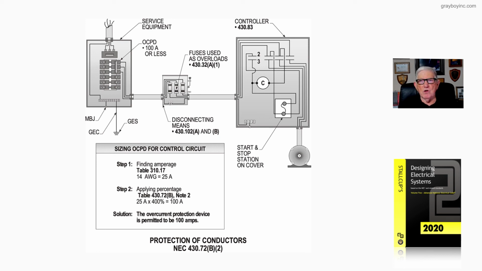So this illustration 18-52 is just basically illustrating the protection of conductors when you're tapping from the line side of a controller for your control circuit. And that's what this illustration is illustrating.